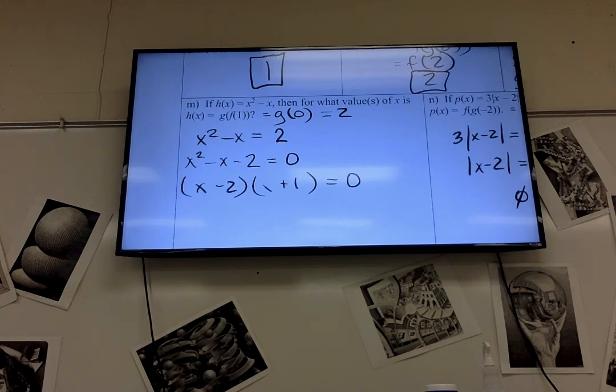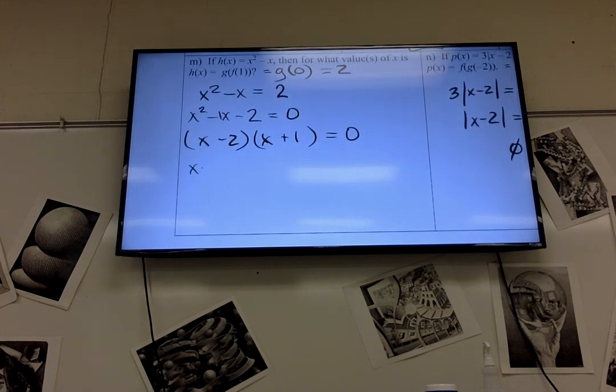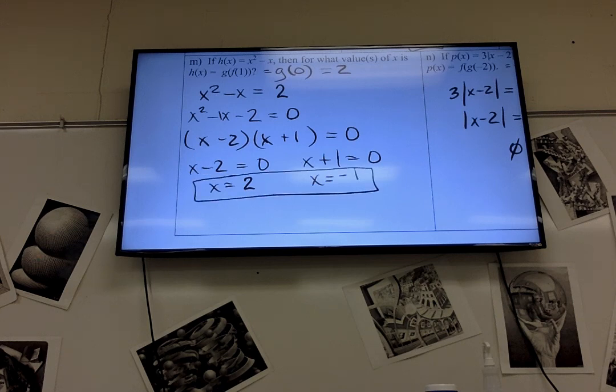I just put x's in the other spot. Let's double check it. -2 times 1 is -2. -2 plus 1 is -1. So yeah, it's working. Now what? Yep, set those equal to 0. So you get x equals 2 and x equals -1. Those are your answers.